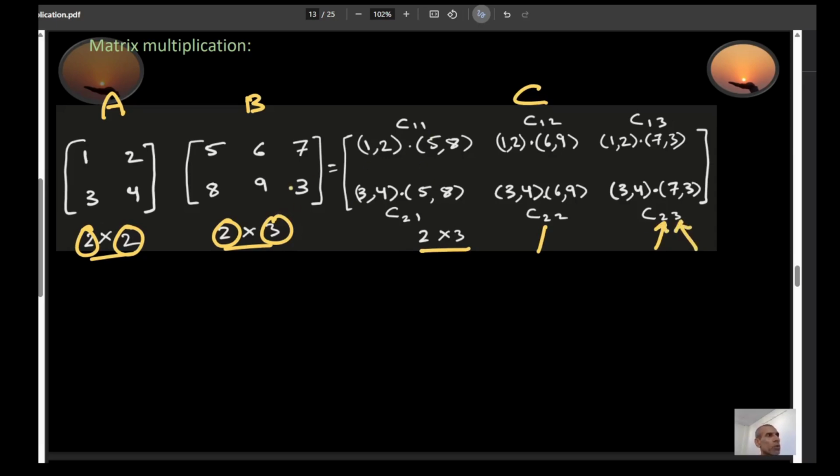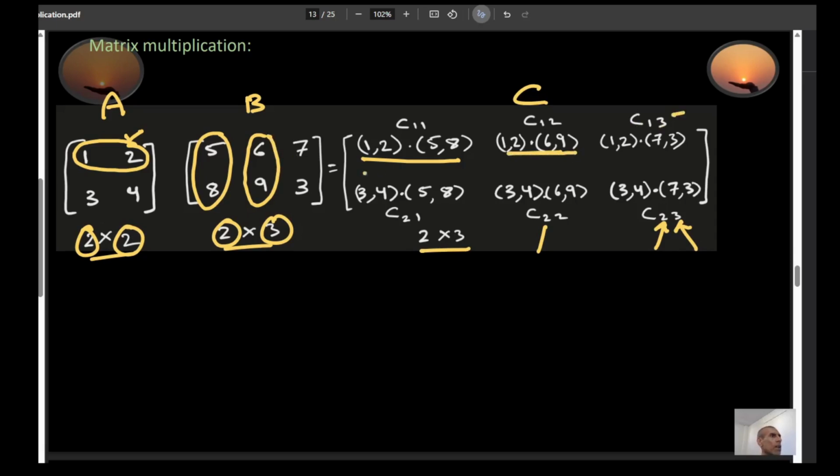Well, we're going to use the logic I just showed you. We take row 1 of matrix A, dot product with column 1 of matrix B. This will give you this element right here. For C12, you take row 1 of matrix A and dot product with column 2 of matrix B. That will give you this element right here.